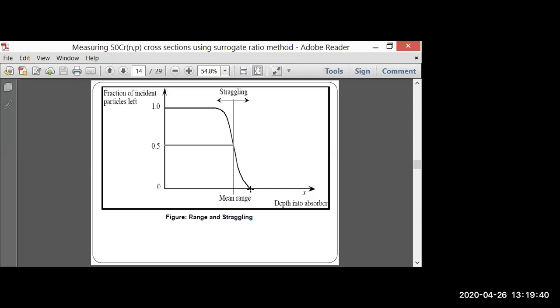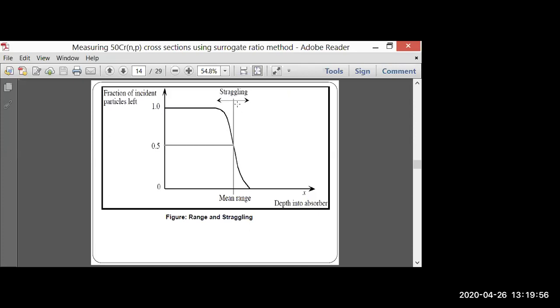You don't have any particle in your incident beam. But you see, there is not a perpendicular one like this. If I put a perpendicular from here, it should be like this, but there is a variation known as straggling.